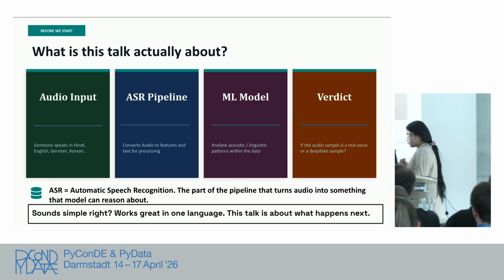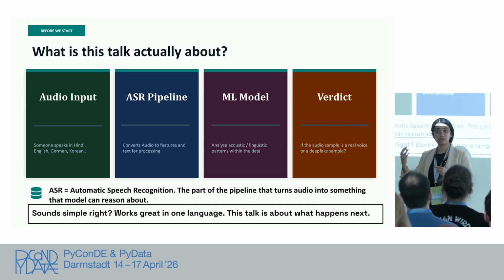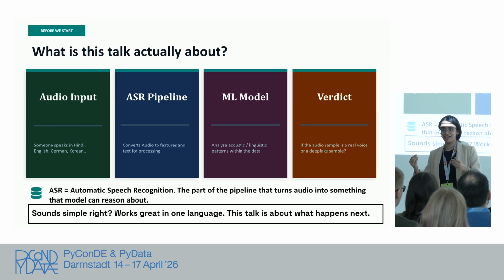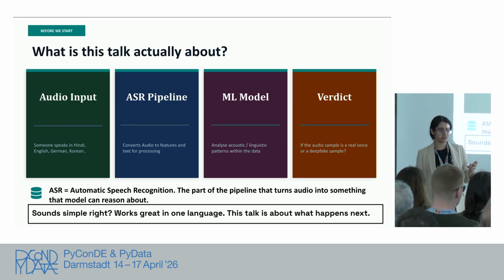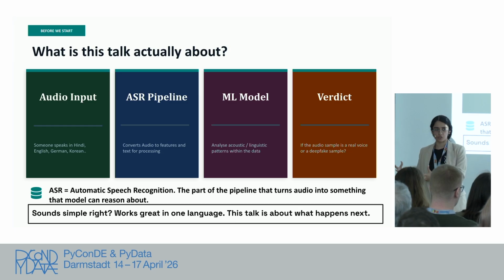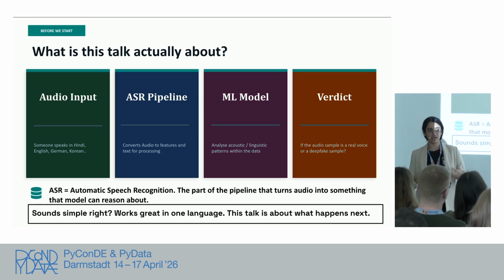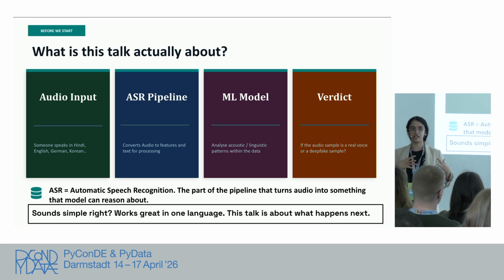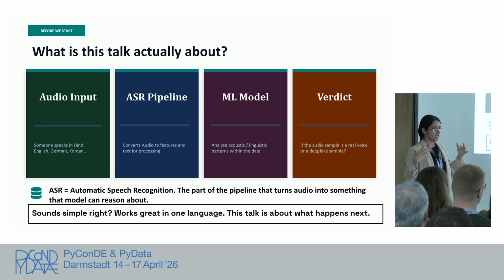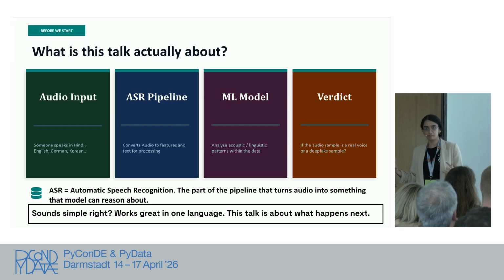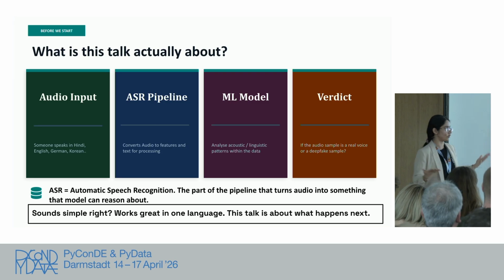For example, some people say that I speak very softly, while my brother speaks very loudly at home. So every individual has different linguistic and acoustic features, like pitch variance and loudness. We need these features to build a specific ASR model. And what is ASR? It's automatic speech recognition, based on whichever downstream task you want to build on top of it.